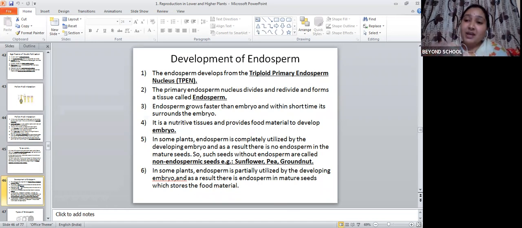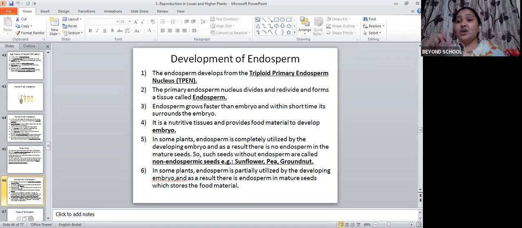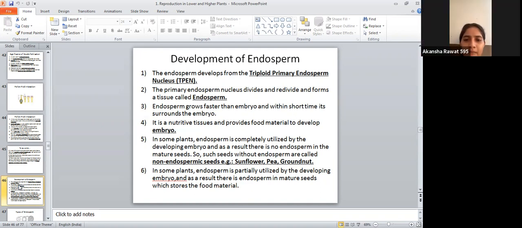These are all interconnected with each other. So when things are interconnected, it helps you and me to understand the lecture and to enjoy the lecture. That's why I have kept everything in a clumped manner, so that it is easier for all of you students to understand. Now let us see the development of endosperm.